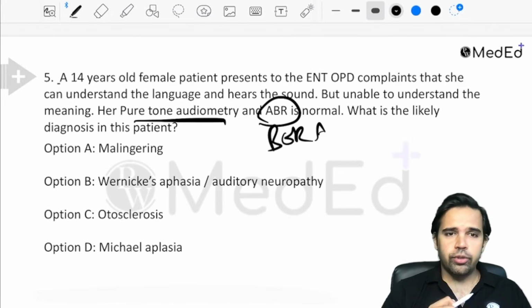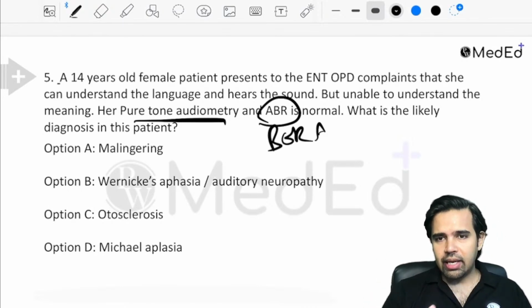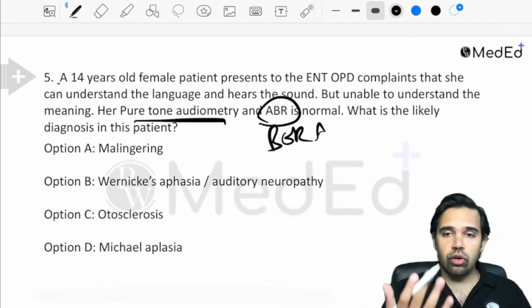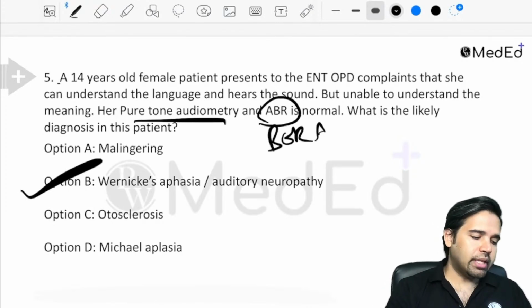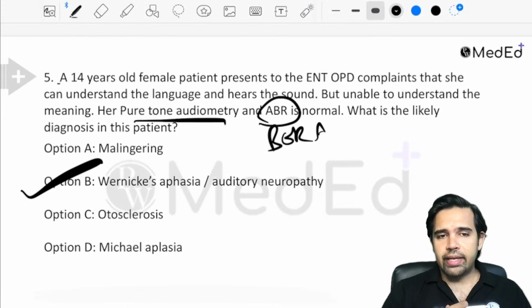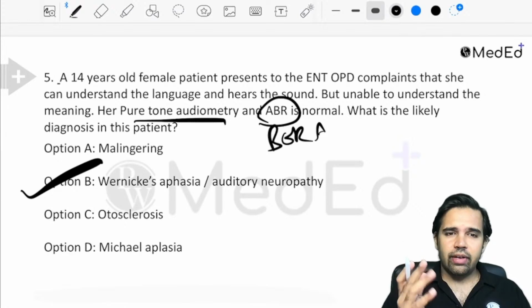So unlikely option. Now, Wernicke's aphasia, auditory neuropathy, you have the comprehension issue. You can listen, you can hear the sound, you can understand the language, you can recognize the language, but you cannot understand the meaning of the words. So Wernicke's or auditory neuropathy is the condition that is being described here. Otosclerosis would show conductive hearing loss.